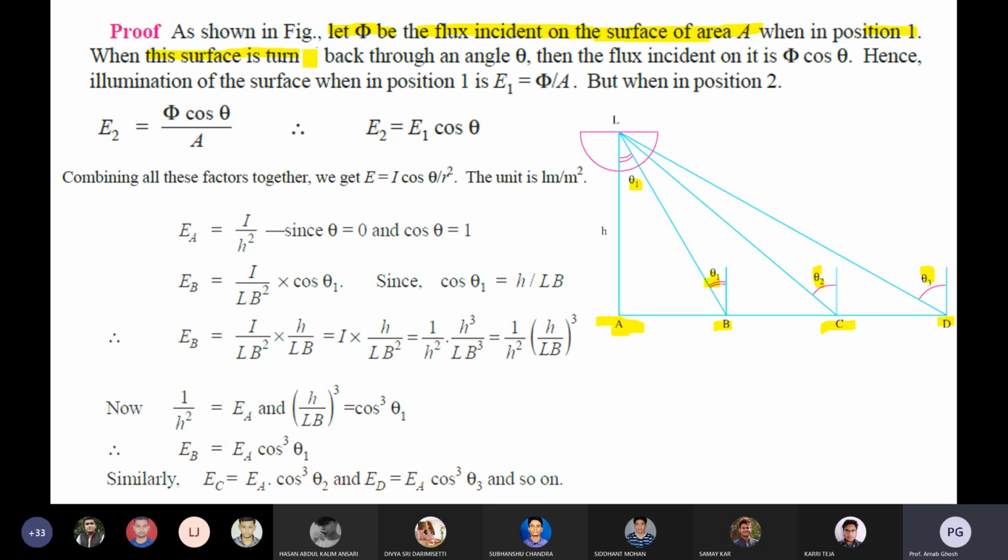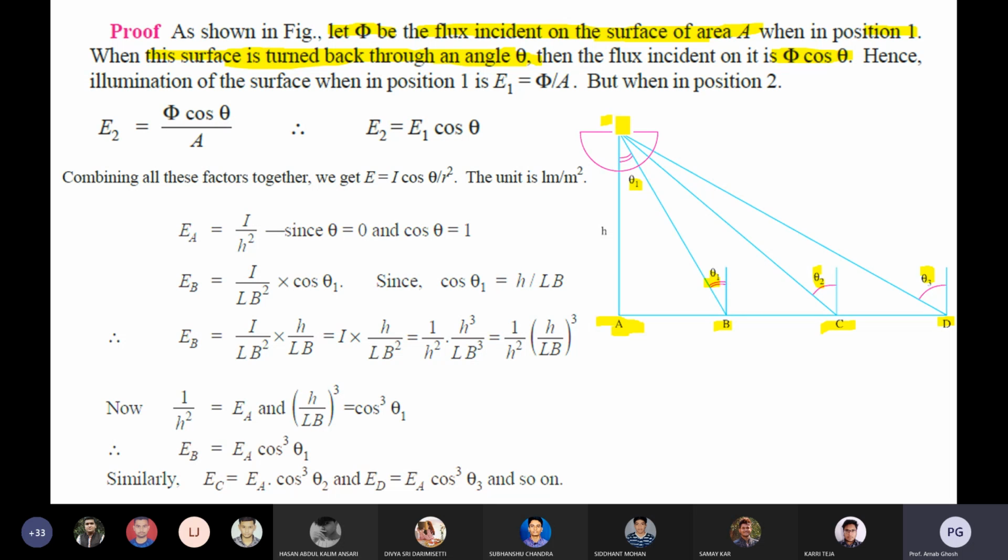When the surface is turned through angle theta, the flux incident will be phi cos theta, since the angle has changed.